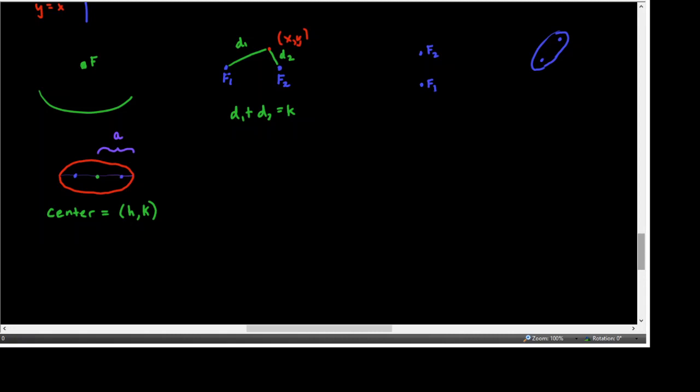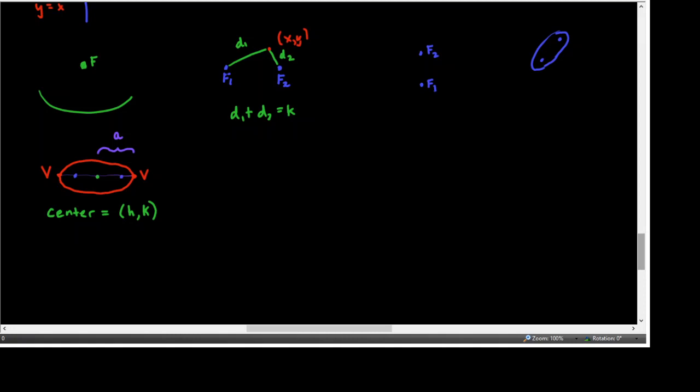And by the way, another two points that are on that line are the two vertices. This is a vertex, and this is a vertex. So those five major points, the two vertices, the two foci, and the center, are always collinear for an ellipse. And the distance from the center to the vertex is longer than the perpendicular distance to the ellipse.